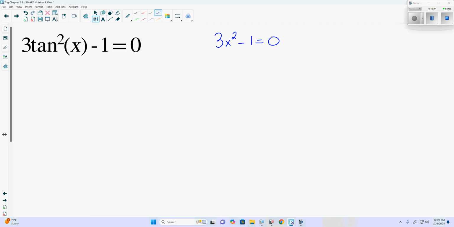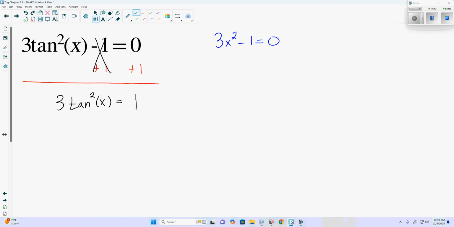So if we have this, we need to get tangent squared by itself. So what can we do first? Add 1. Because our negative 1 plus 1 will cancel out, telling us that we have 3 tangent squared of x is equal to 1.